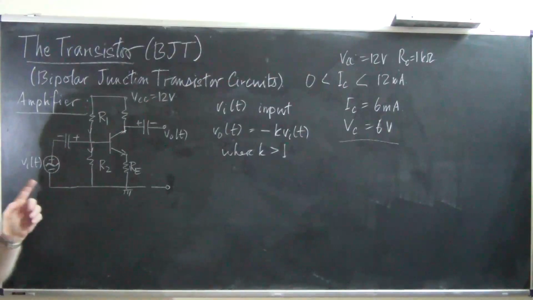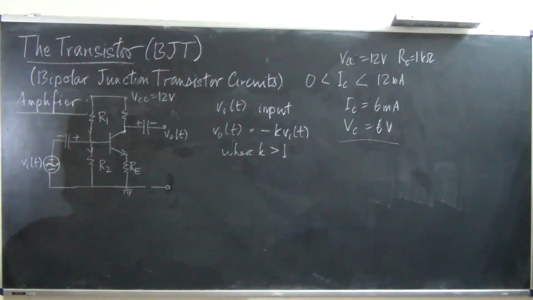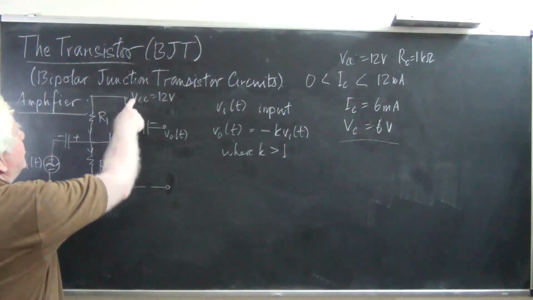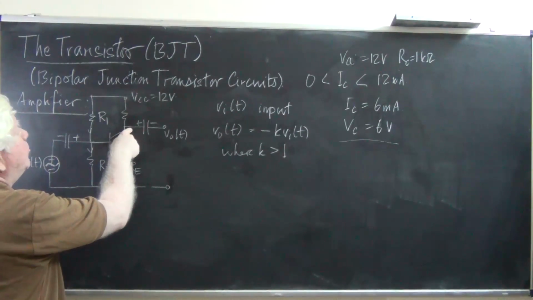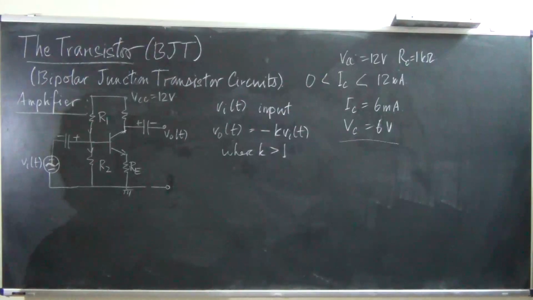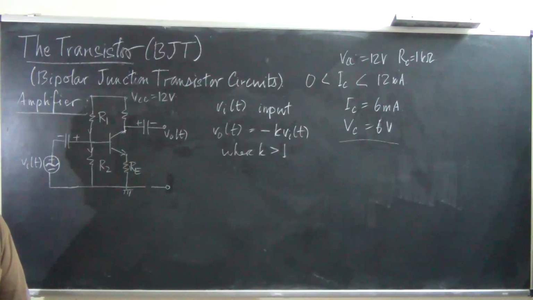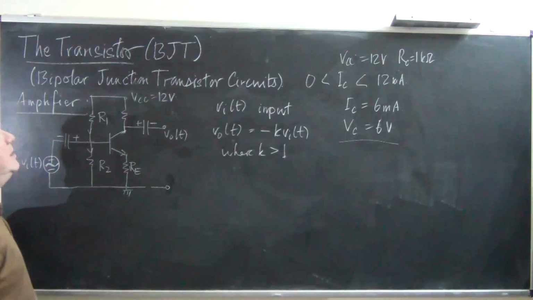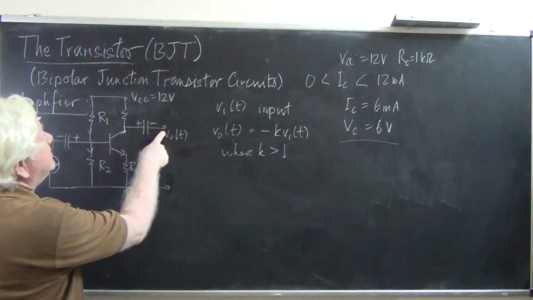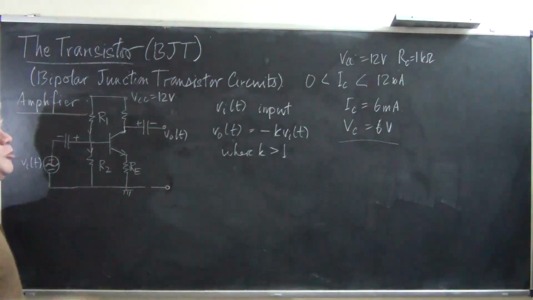What causes the ultimate variation of the collector voltage as a function of time will again consist of a DC component and an AC component. The DC component stays right here, and the AC component manages to be seen through the capacitor at the output point. So that is how this system works.